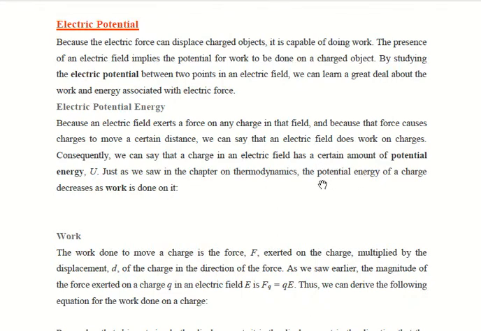So that's why we're saying here the electric potential energy of a charge is going to decrease if some electric force does work on it. So in equation form, that would look like delta U, so change in potential energy, is equal to negative work done on the charge.